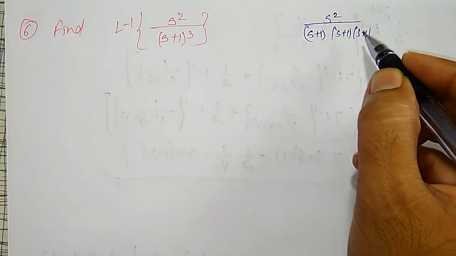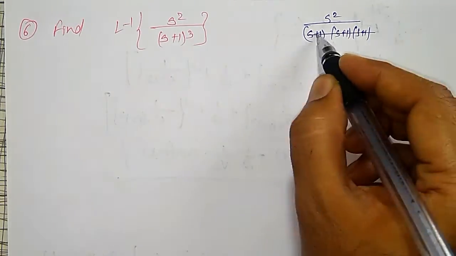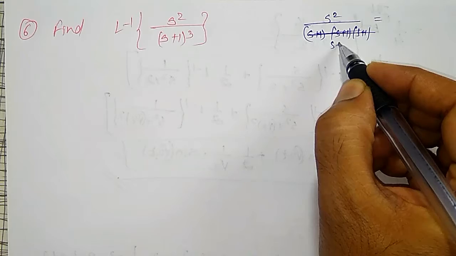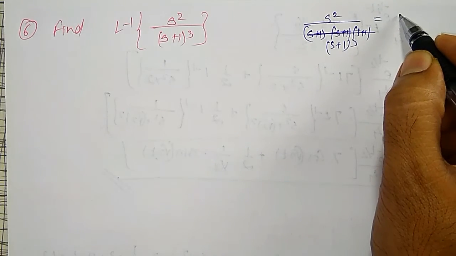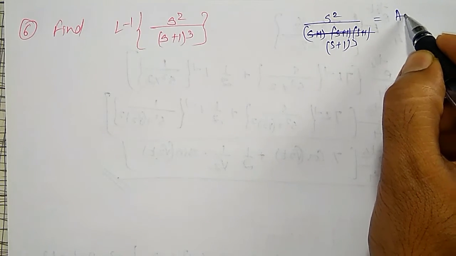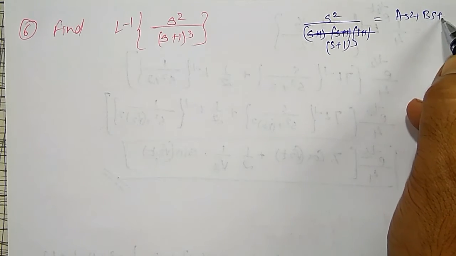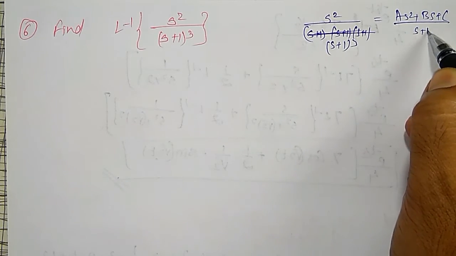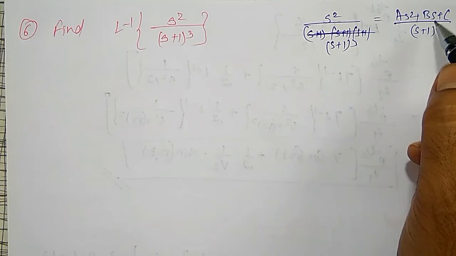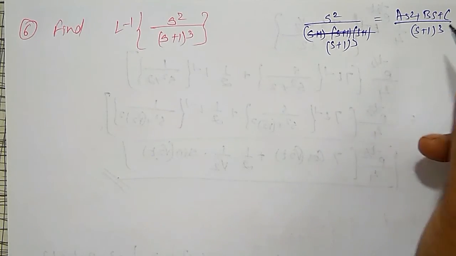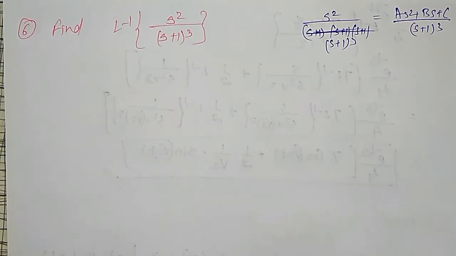Three terms we have to find, or the partial fractions will be As square plus Bs plus C divided by (s plus 1) cube. Then I have to find the values of A, B, C. In spite of that, I will do the perfect squaring type.